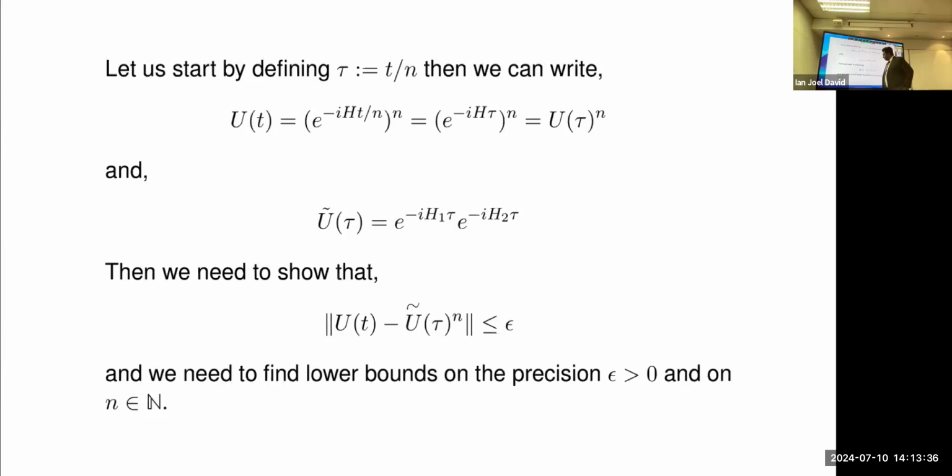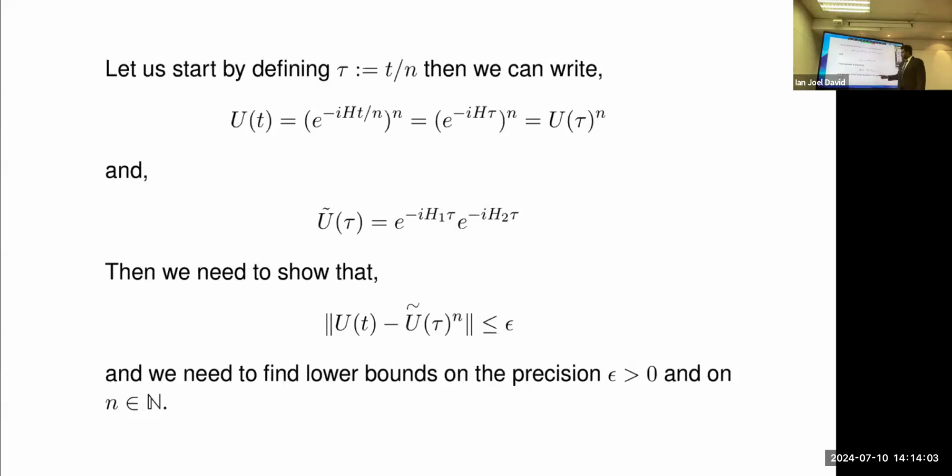I'm going to walk you through the steps, and the idea will be for you to then go home as homework or an exercise and generalize this to the case when the Hamiltonian is a sum from H1 to Hm. But we're just going to start by doing the analysis for this very simple formula, and I'm going to show you some interesting techniques that we use when we're doing Hamiltonian simulation in finding this bound.